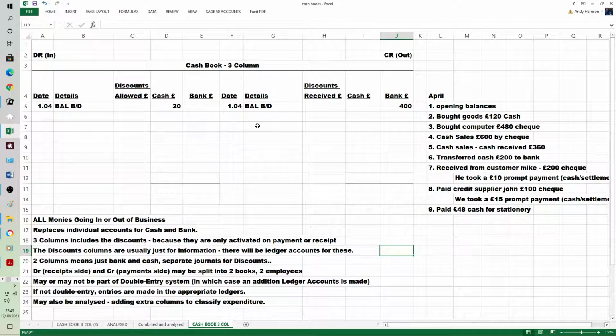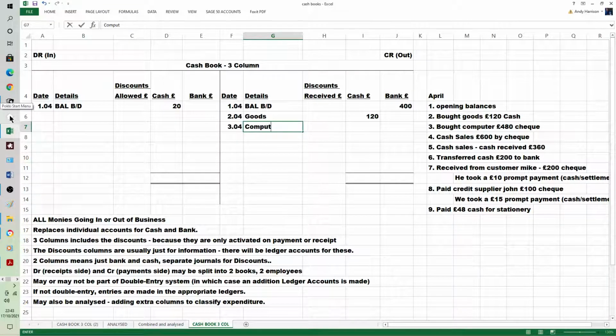1, opening balances, we bought some goods. Much less wording than you'd put in real life. 120 cash. And then we bought a computer. That's a check, so it goes out of the bank.